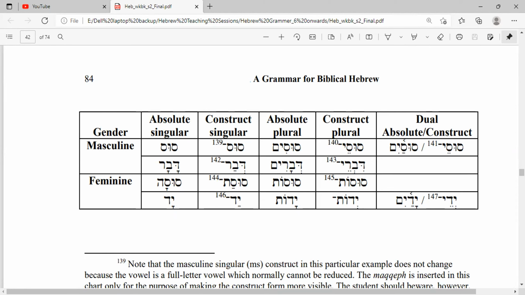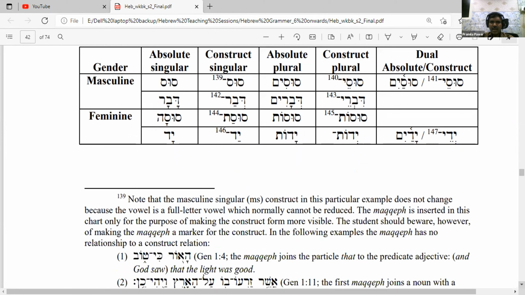Then the dual susaim will also turn to susay.